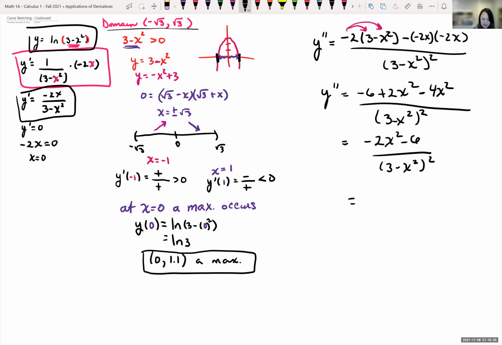Let's pull out a -2 from the numerator. Pulling out a -2 from the numerator gives us x squared plus 3.